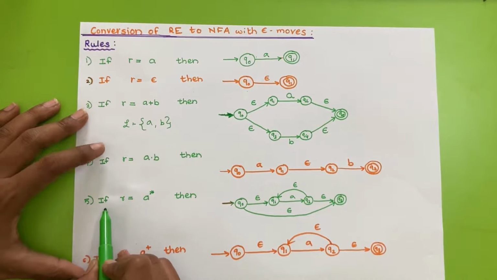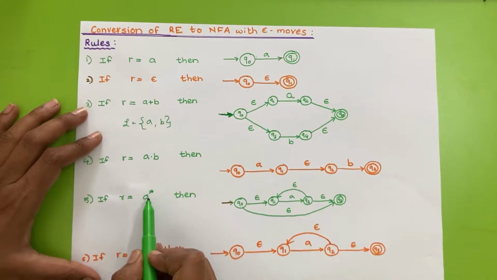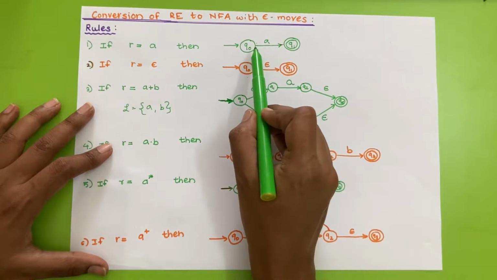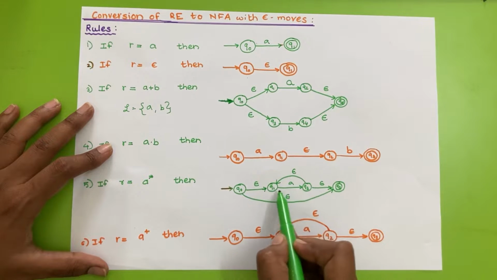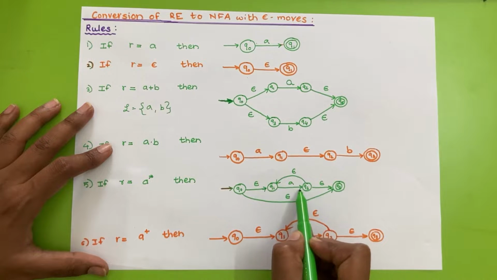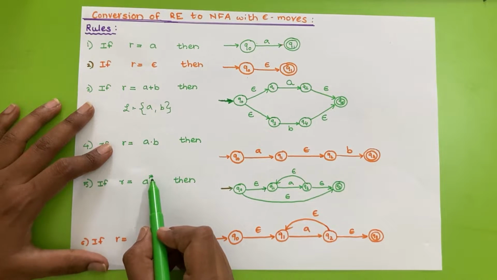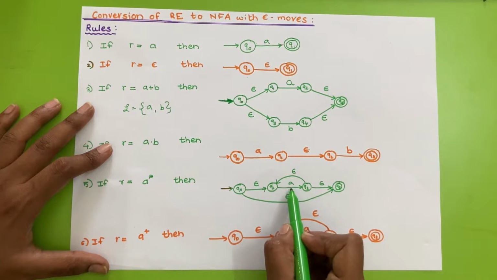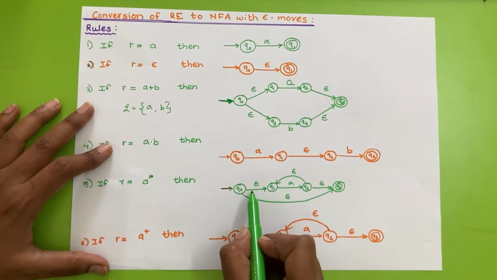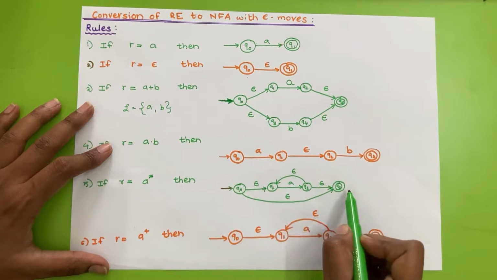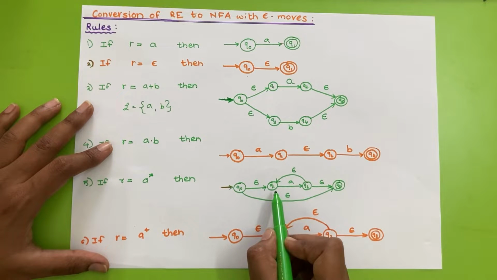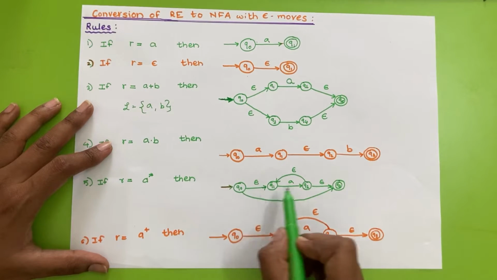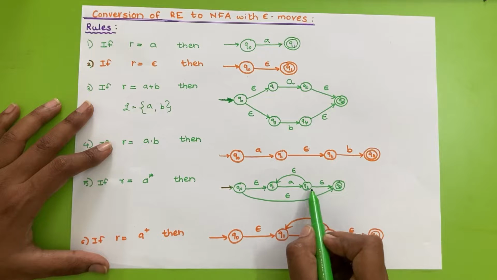Now if we have R equals A star, first we draw the diagram for single A by following rule A. This is the diagram, Q1 and Q2, for single A. Then we want A star, so for the diagram of A star we add one initial state and one accept state: an initial state before Q1 and a final state after Q2.